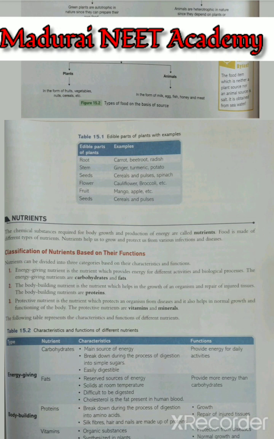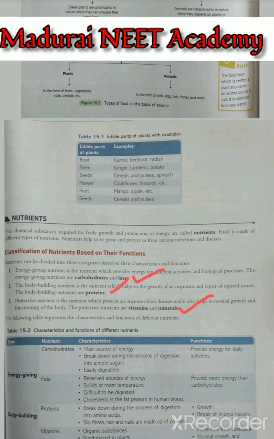The energy giving food includes carbohydrate and fat. The bodybuilding food, which is required for the growth of the organism and repairing injured tissues, is protein. And the organism requires vitamins and minerals to develop immunity to fight against the various organisms which cause disease.